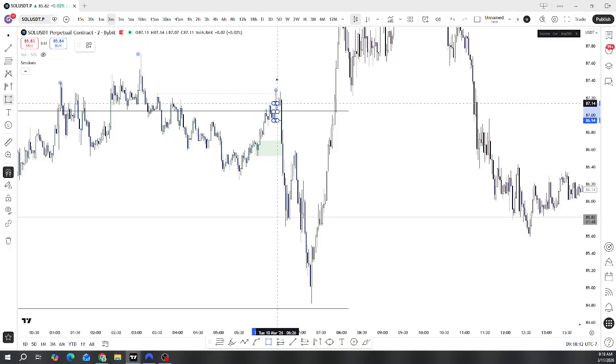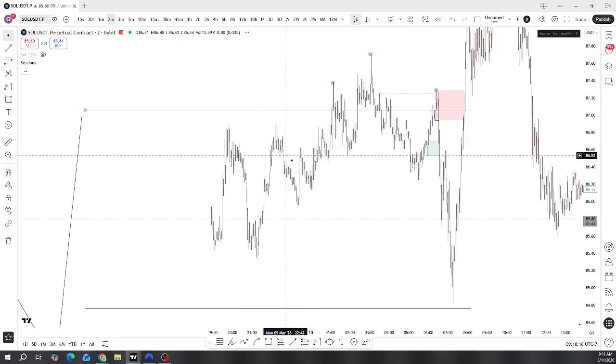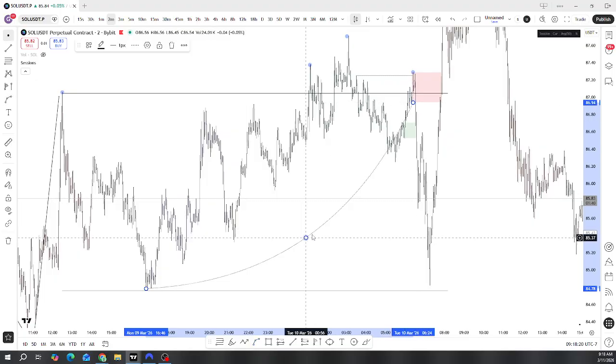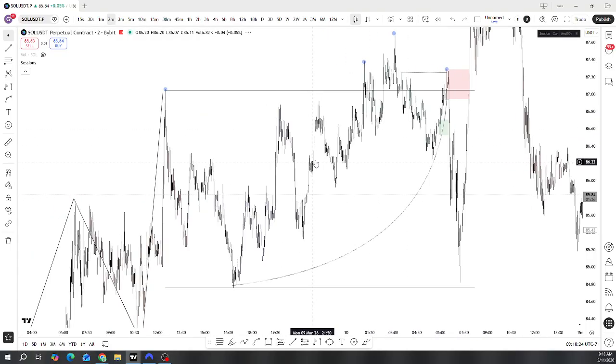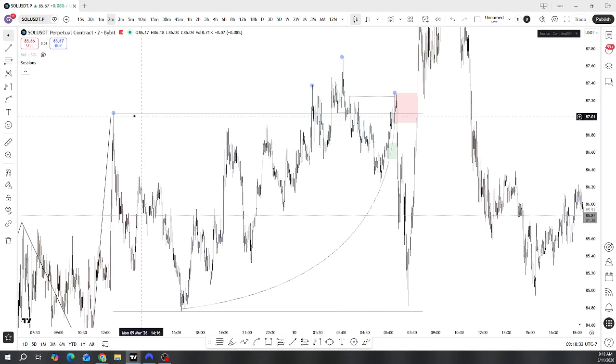Creating supply. Clean return to zone here. Just with this demand zone being the main room for error, but at the same time you did have a confirmed Model 1 on that right there.